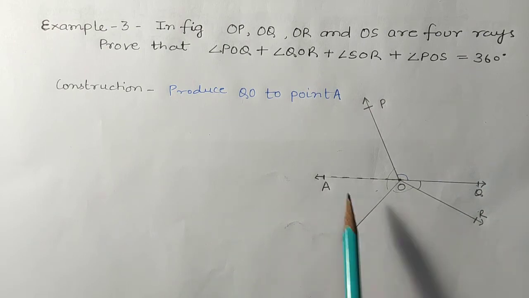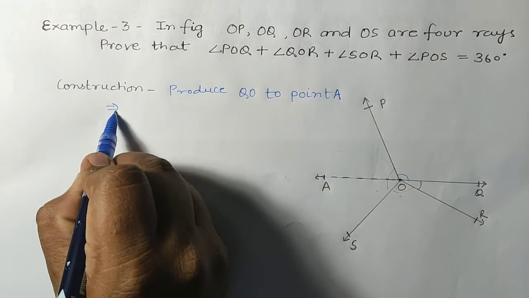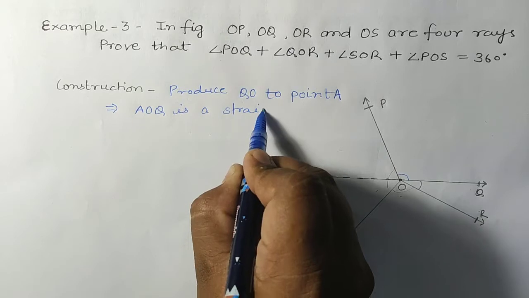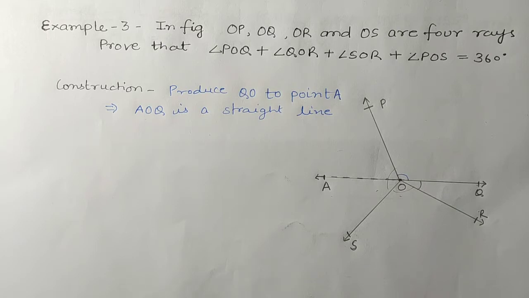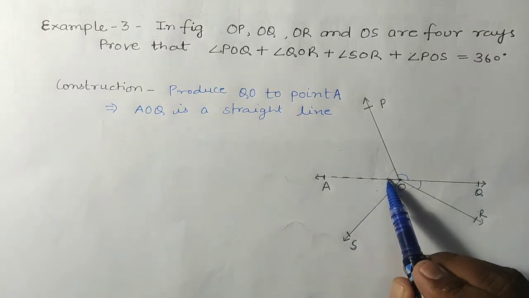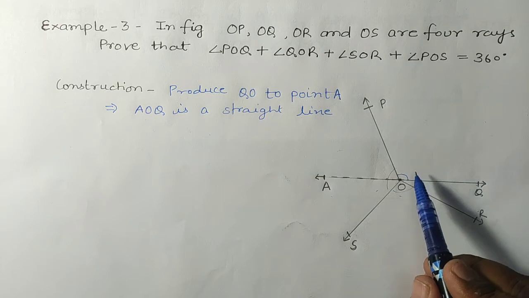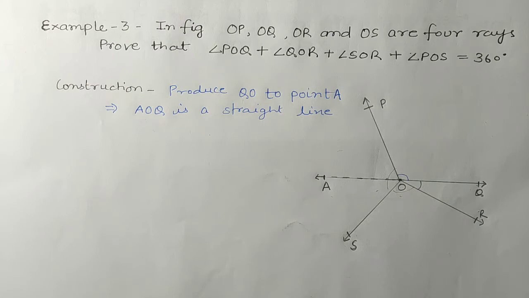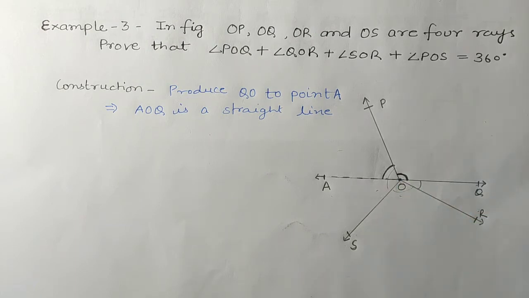Now AOQ will be a straight line. What we have studied earlier, students, is that on a straight line the sum of adjacent angles on one side is 180 degrees. Means the sum of these two angles will be 180 degrees.